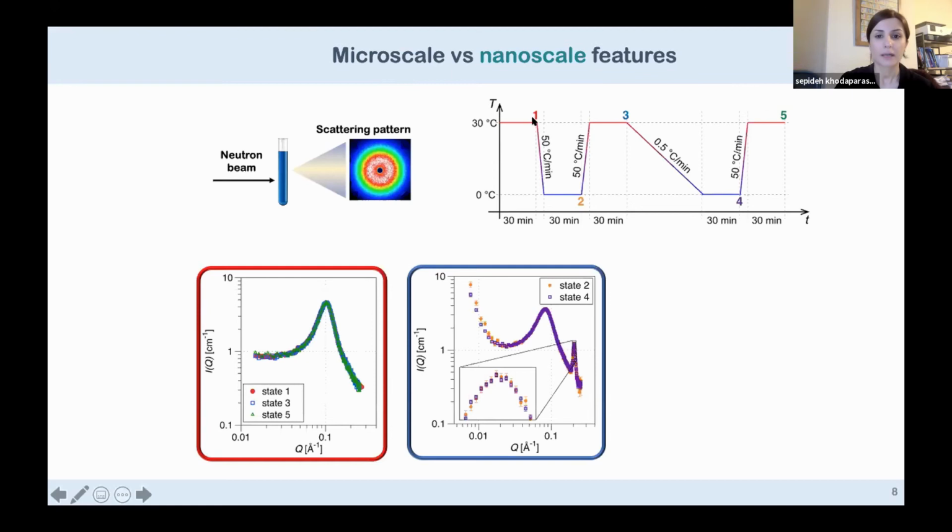At different locations of this curve, for example at locations 1, 3, 5, where we are supposed to be in the hot zone, where we are supposed to have the micellar phase, you see that the micellar phases, even after cycles of cooling and heating, are always identical in both population and size, and everything about the micelles is identical. The lamellar phase, which is achieved at equilibrium after cooling at different rates, is also identical.